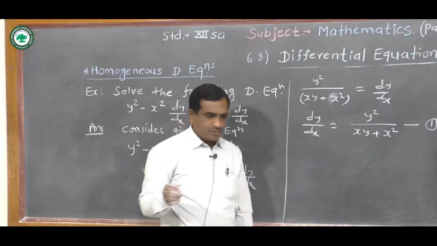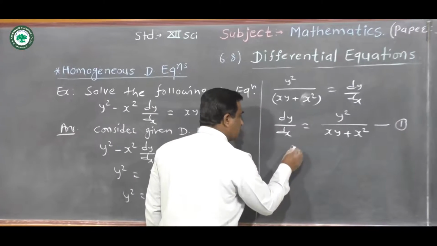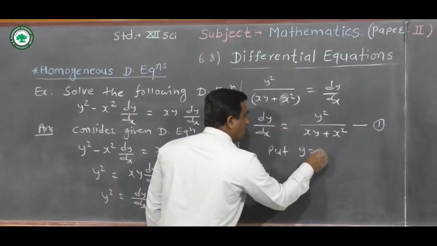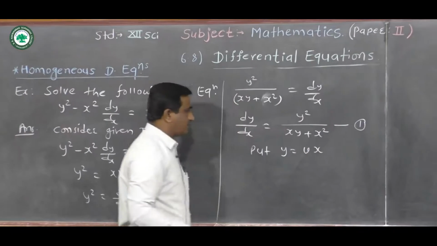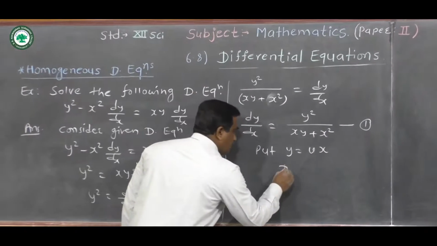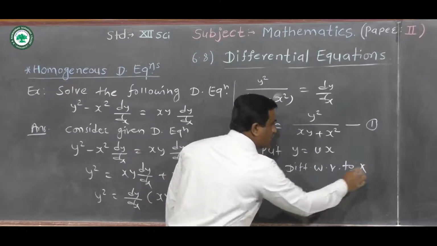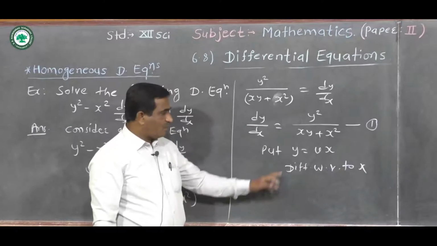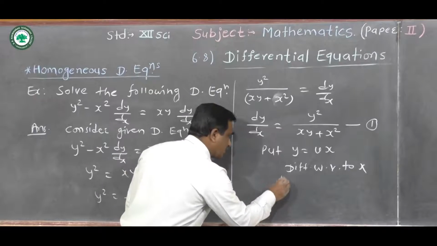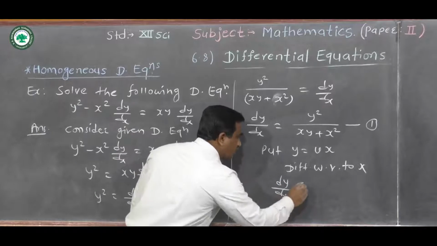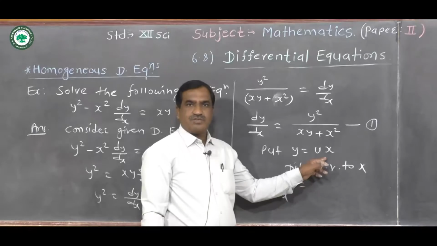Now we have to use substitution here. Put y is equal to v into x. Differentiate this equation with respect to x. Derivative of y is dy by dx equal to derivative of v into x by using product rule.